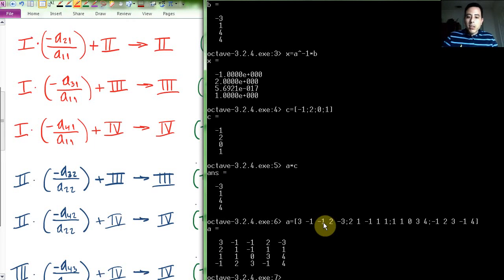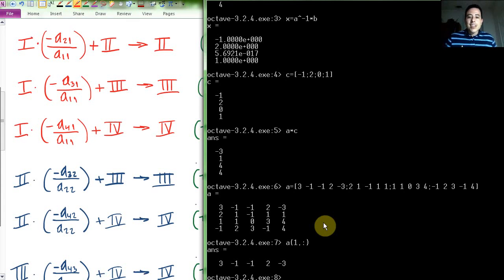Take the first row of the matrix. In Octave, to refer to the first row of the matrix, you simply do A parenthesis, and then you do 1, first row, and you don't put columns, you just put colon there. The colon means that you're not specifying any column.